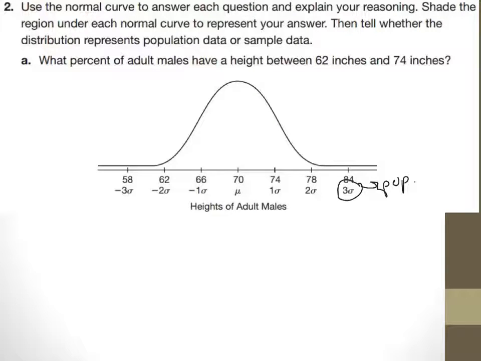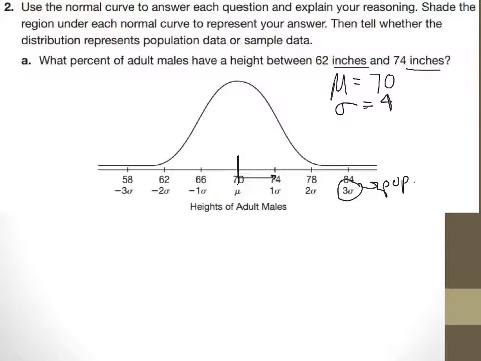They tell us that the mean of these adult males must be 70 inches, and the standard deviation must be this distance, from 70 to 74. So in other words, mu is 70, sigma must be equal to 4, because I go from 70 to 74, which is 4 units.